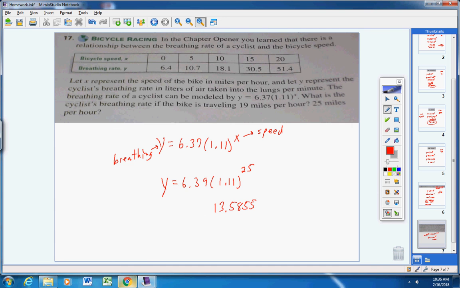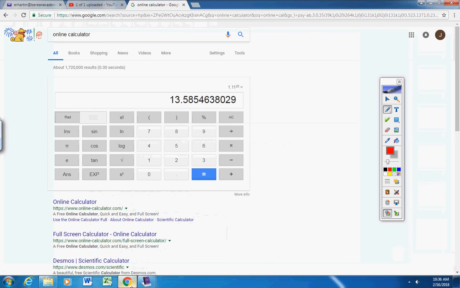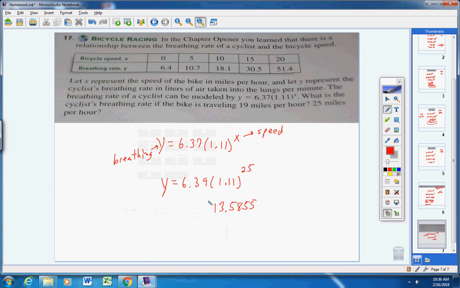Check and make sure that's right. And of course, that's times 6.39. Multiply those two numbers together, and you will get out 86.54 liters per minute. Okay, so obviously, as the speed goes up, you're breathing in more air.